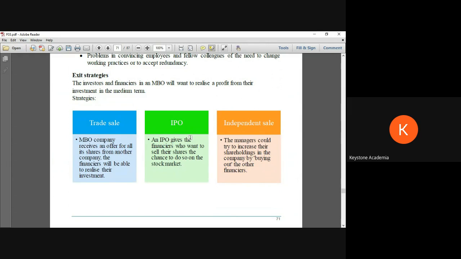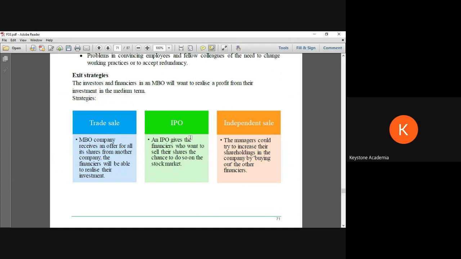Second way, the company will grow and they will sell it off to other bigger companies, that is trade sale. Last one is independent sale. The company could try to increase their shareholding in the company, buying out the other financiers. Let's say the management itself becomes so rich and they buy off these VCs. Three options they have for the MBO.